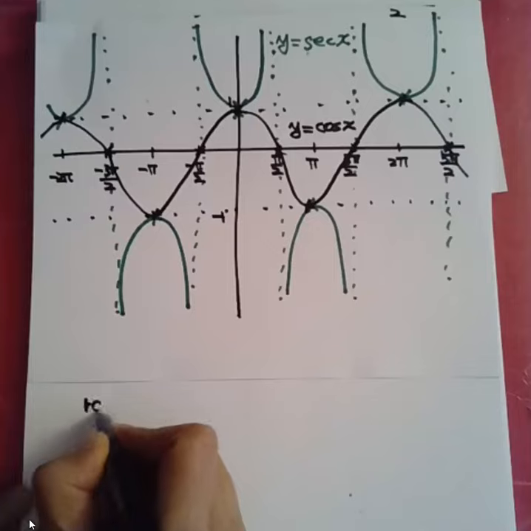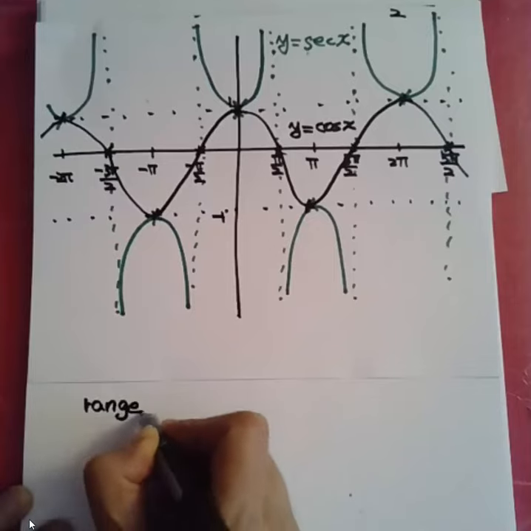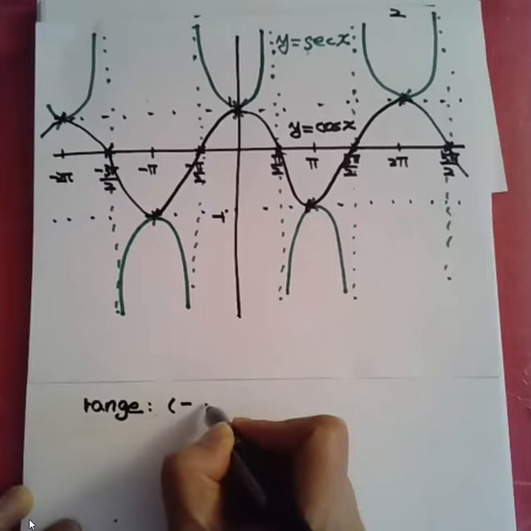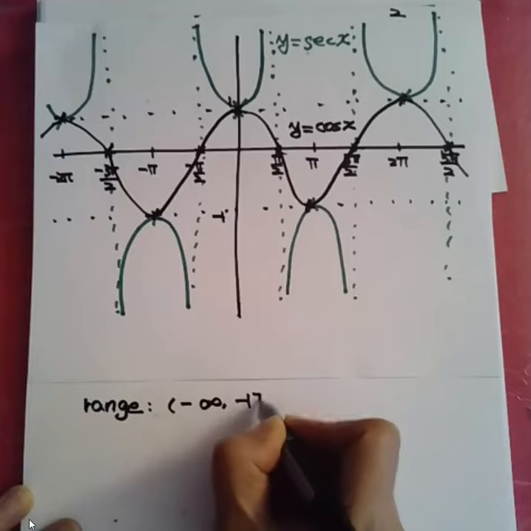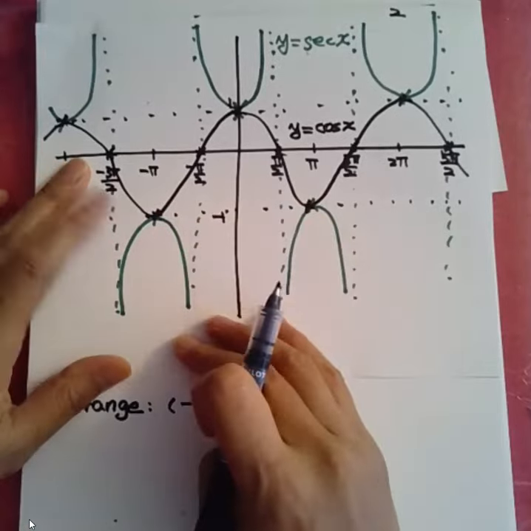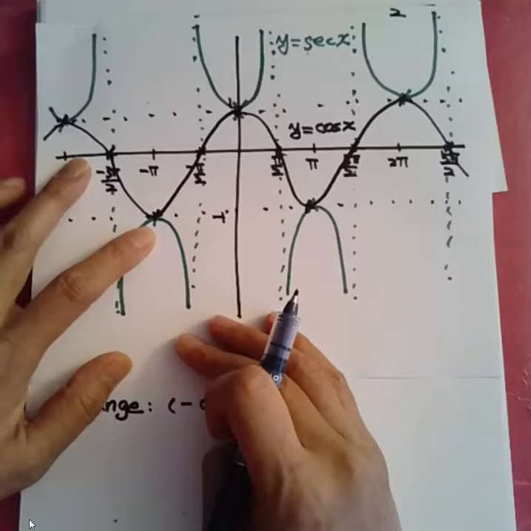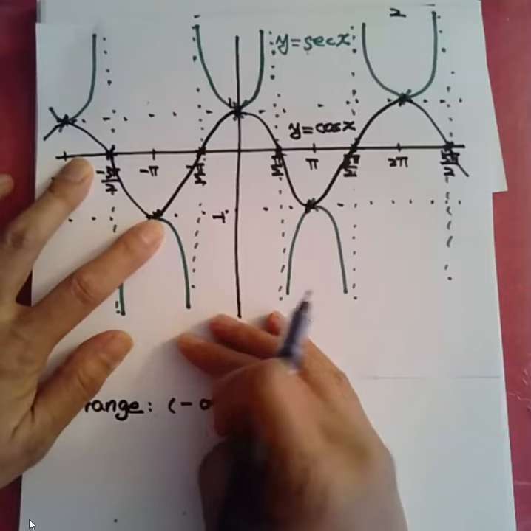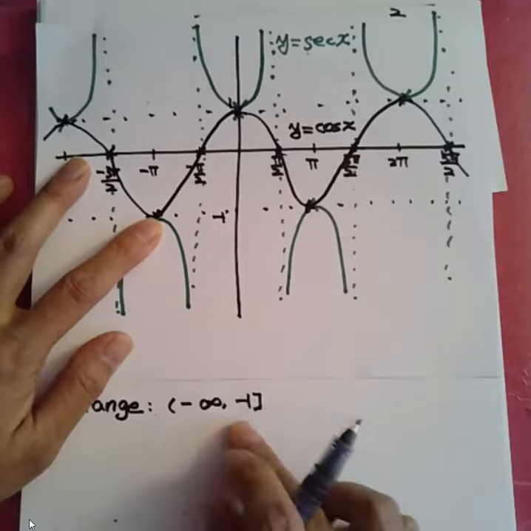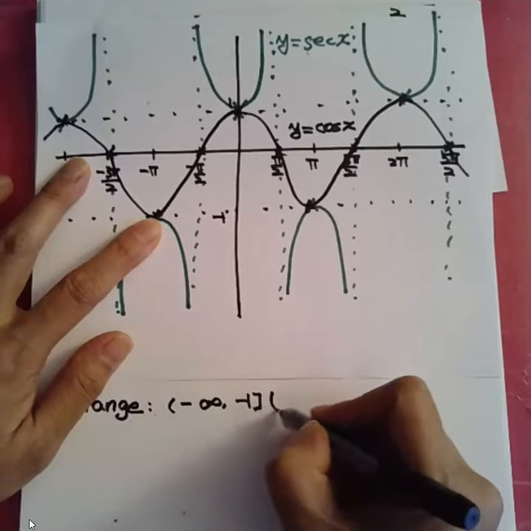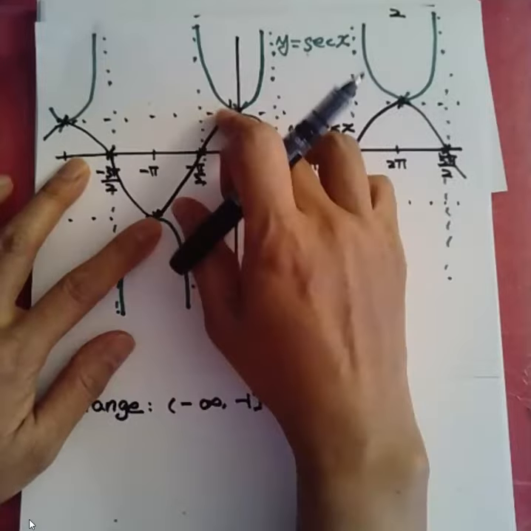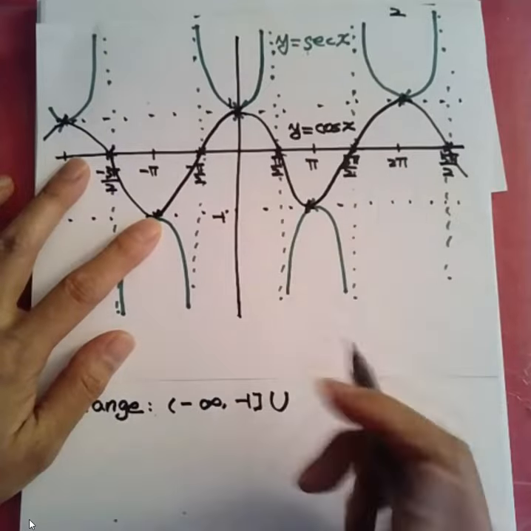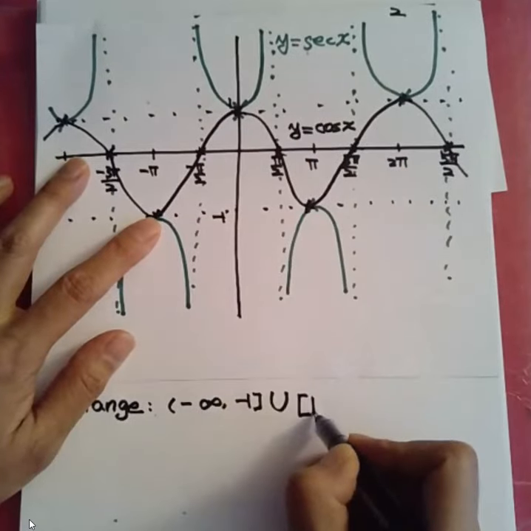The range of the secant function is from minus infinity to minus 1. It falls forever to negative direction, but it has local maximum at minus 1. That's the meaning of this. Union, it goes up starting from 1, so 1 to infinity.